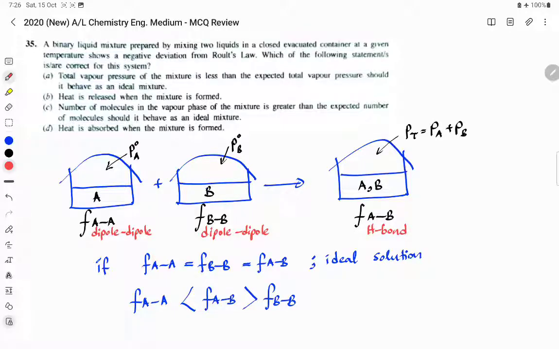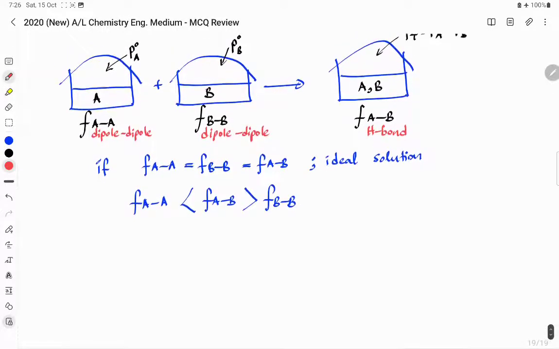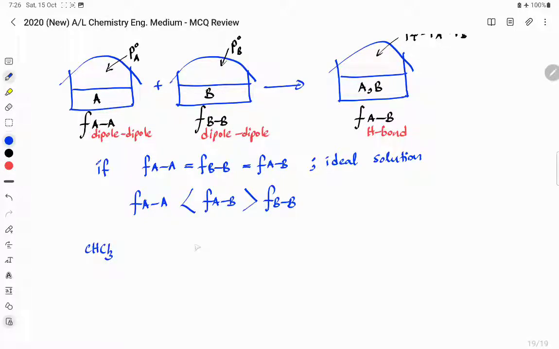A well-known example for that kind of situation is chloroform and acetone. When chloroform and acetone are mixed, they form hydrogen bonds between this hydrogen and this oxygen.